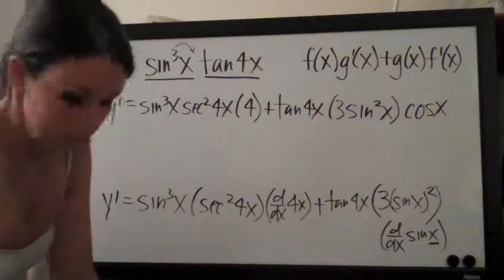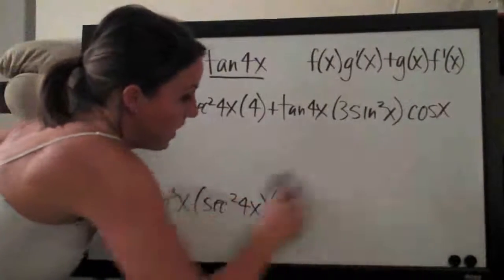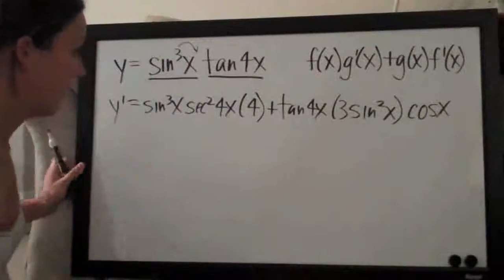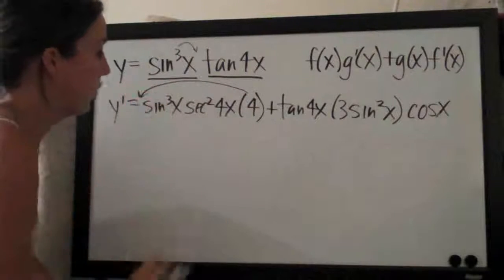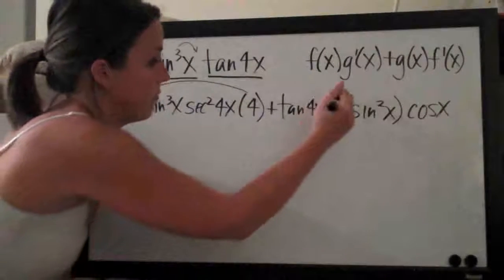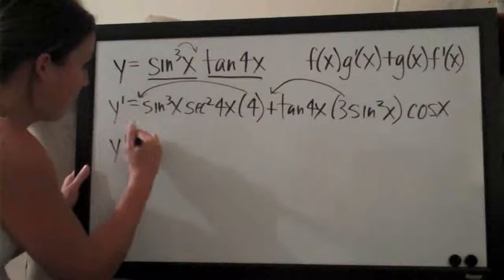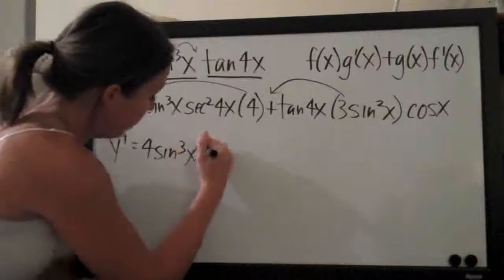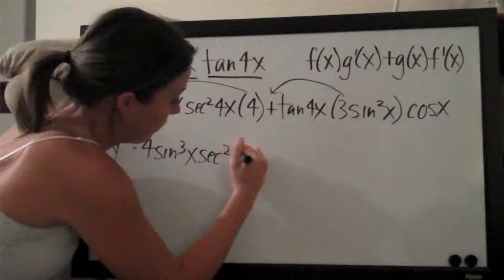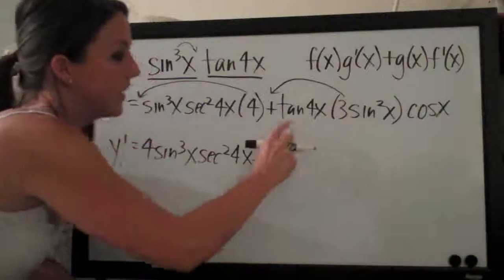So we've taken the derivative of everything, and the only thing we need to do now is simplify. I'll move the 4 out in front as a coefficient, and I'll also move the 3 out in front and reorder. So y prime equals 4 sine cubed x secant squared of 4x plus, and then here we have sine, cosine, and tangent.